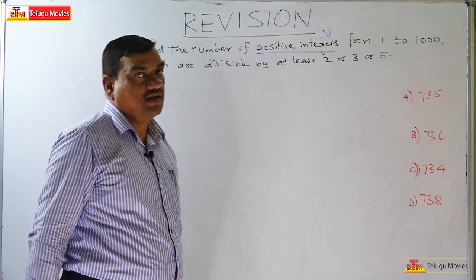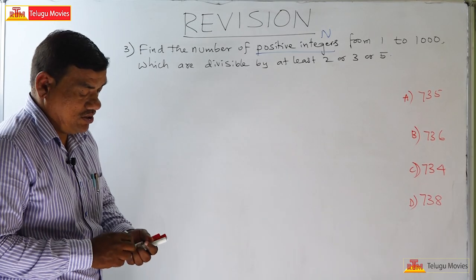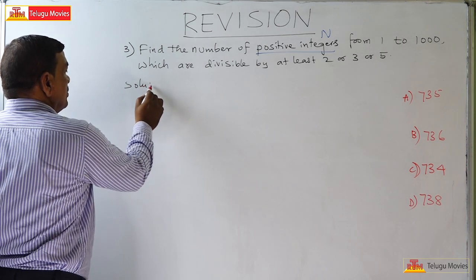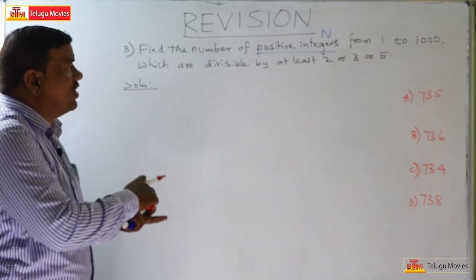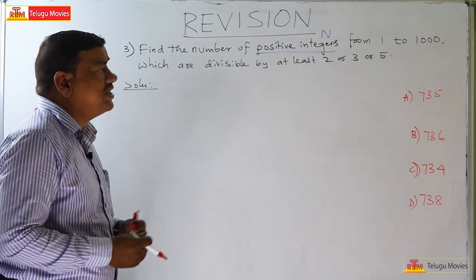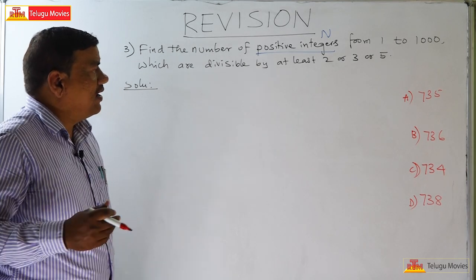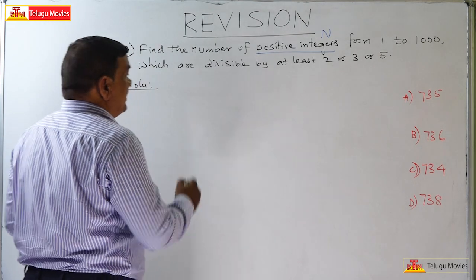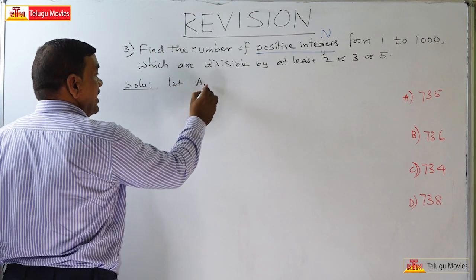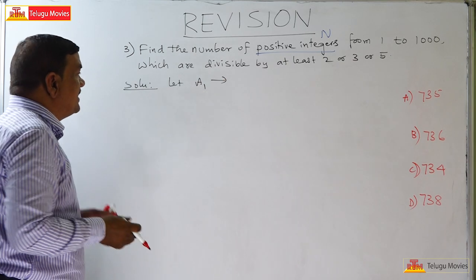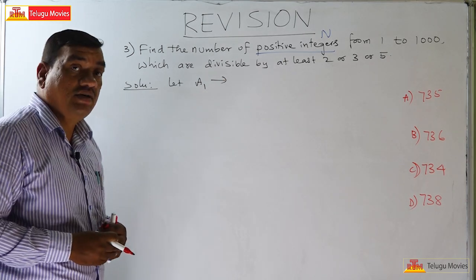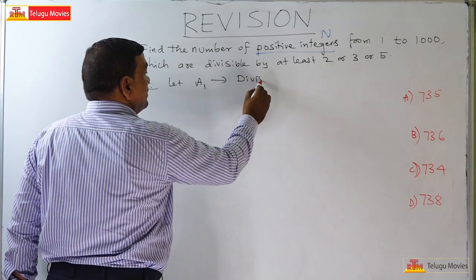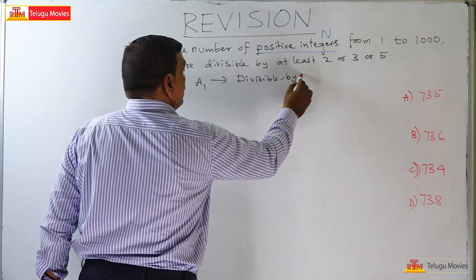How many numbers are there? So that is the problem. Then how to proceed with the solution? Here from 1 to 1000, there are 1000 numbers. Let A1 be the set containing the numbers which are divisible by 2.